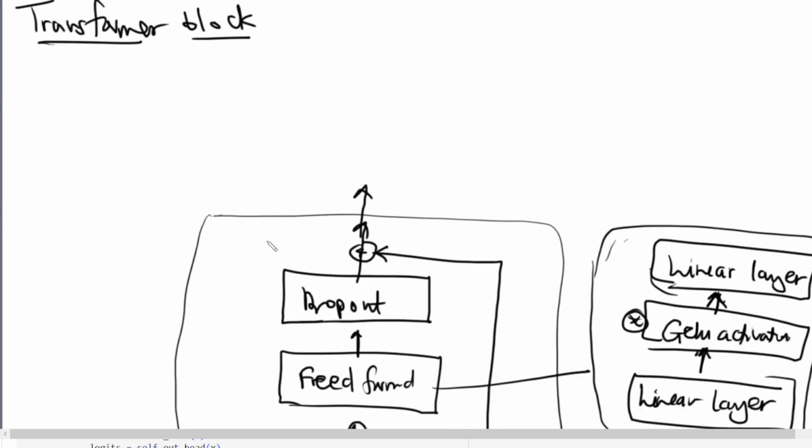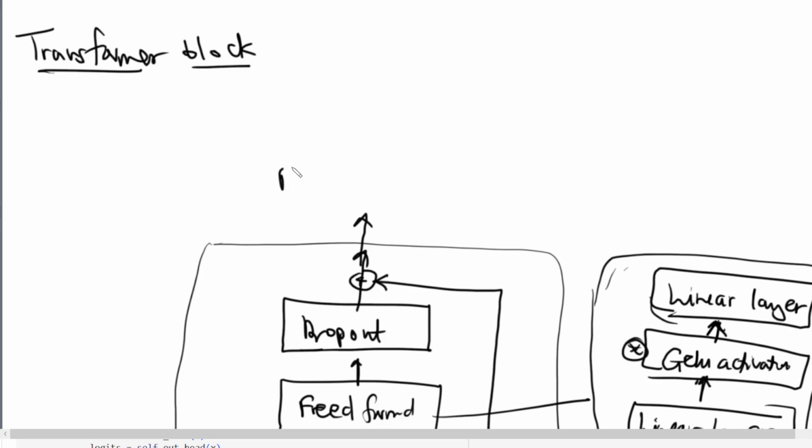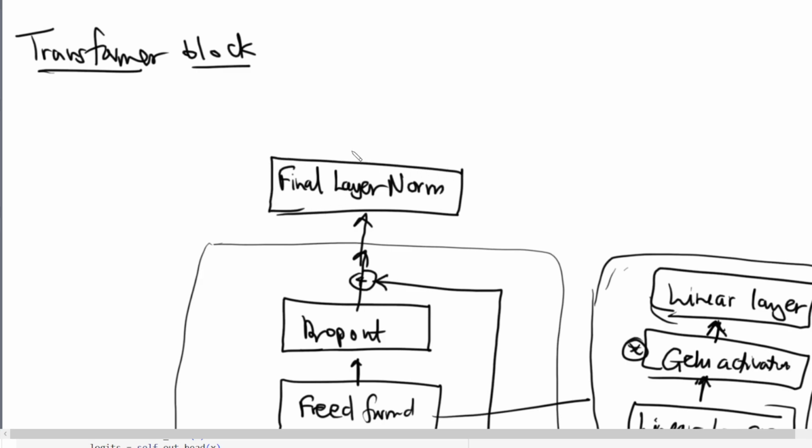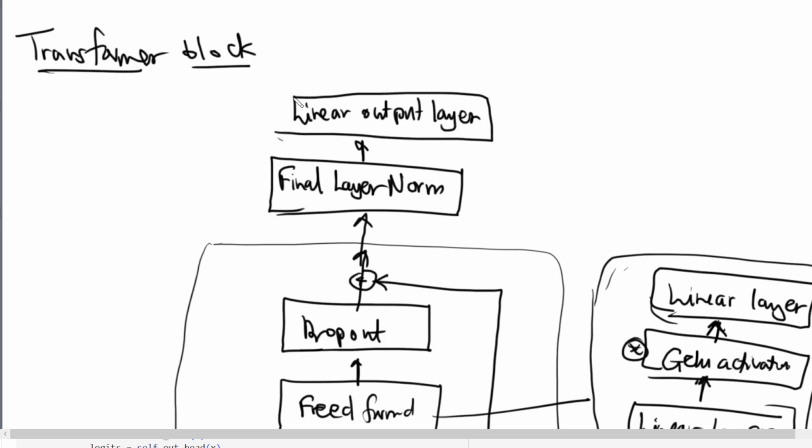And after this dropout, what we're going to have is our final layer normalization. We're going to normalize it again. And then after normalizing again, we're going to have a linear output layer. Linear output layer right there.